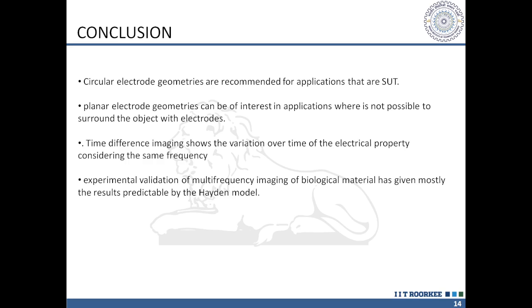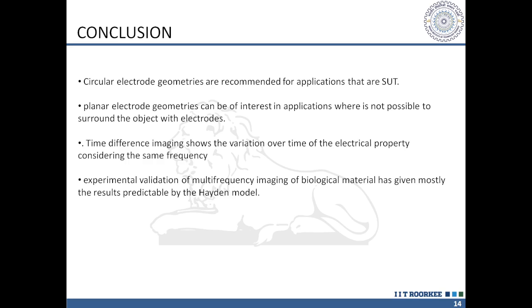From that we can reconstruct an efficient or exact image. If a circular arrangement is not possible, we can apply a planar one in place of that.